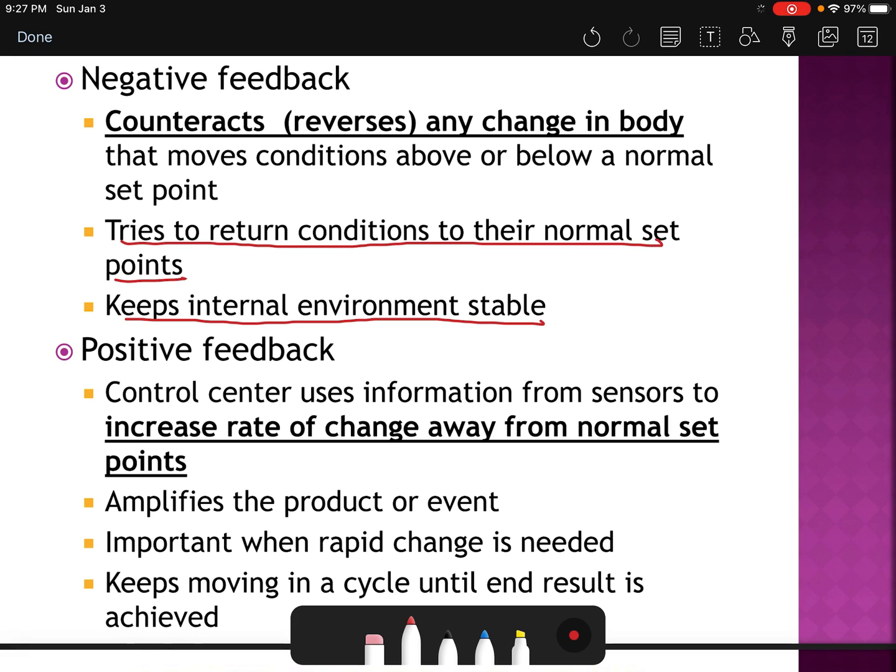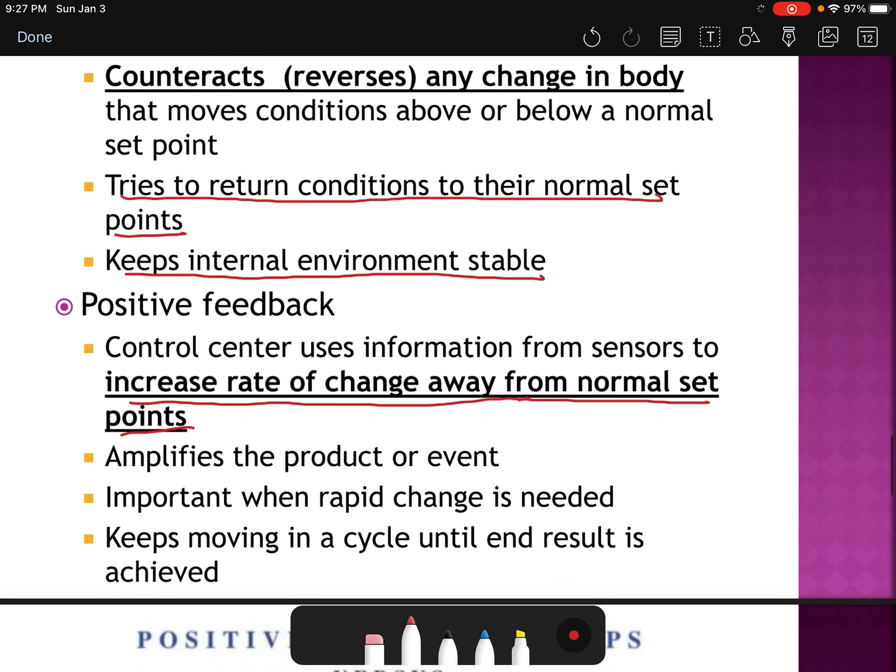Positive feedback loops, the control center uses information from sensors to increase the rate of change away from the normal set point. So that sounds kind of weird, huh? Why would we increase and try to get further and further away from the set point? Well, sometimes we need to have rapid change.